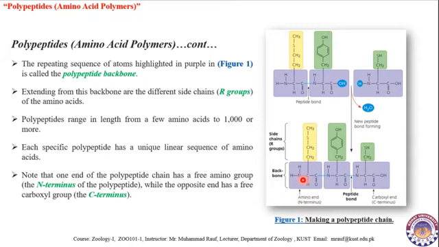So a polypeptide has two distinct ends, one with a free carboxyl group called C terminus, the other with a free amino group called N terminus.